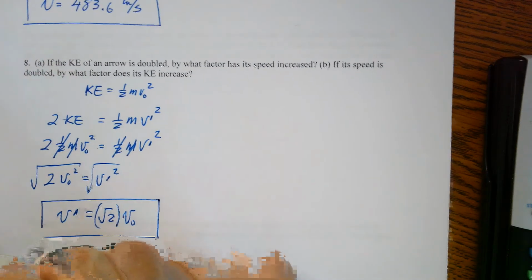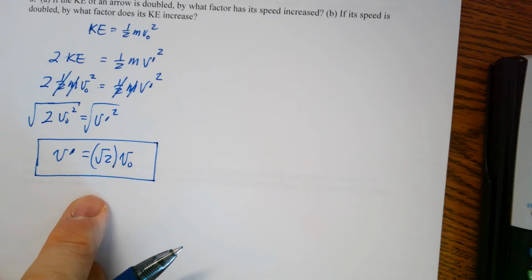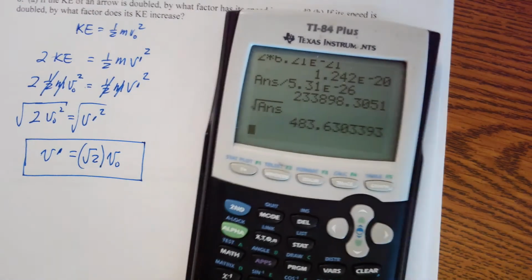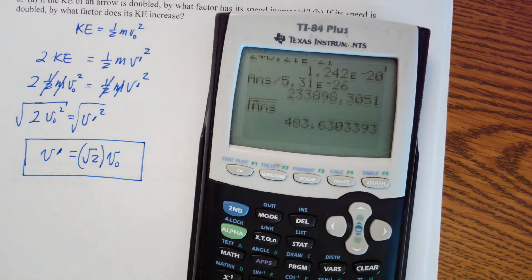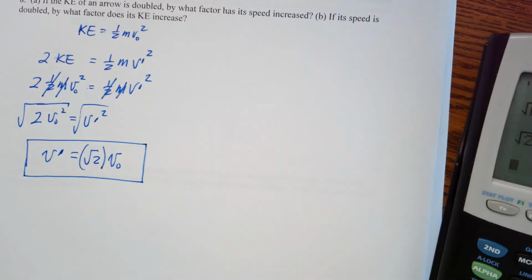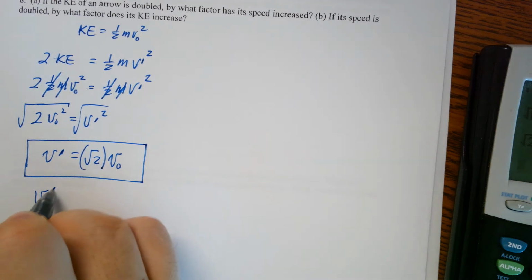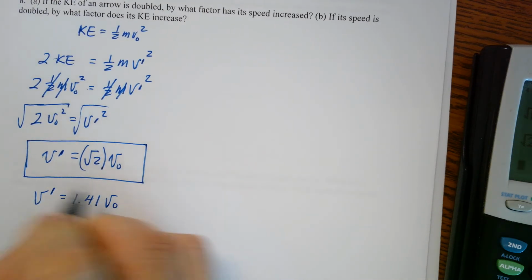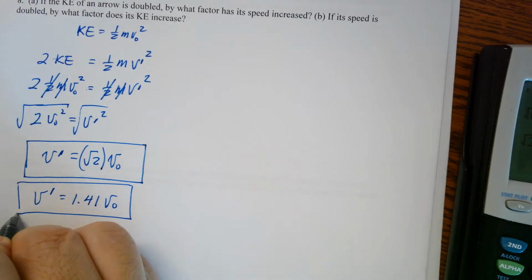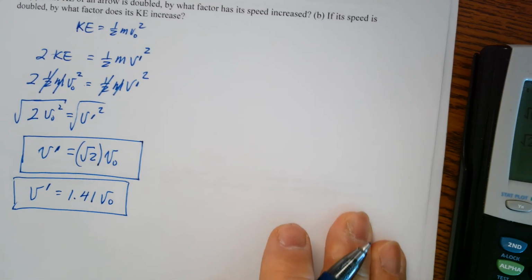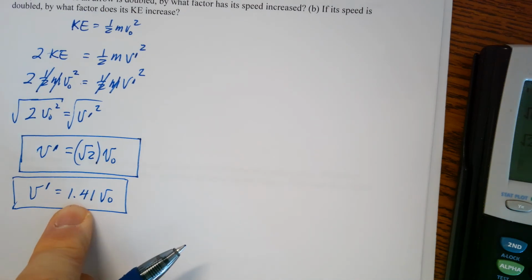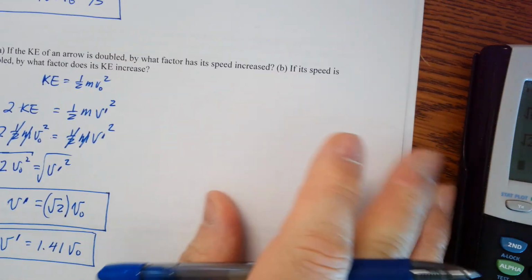So it has increased the speed by radical 2, right? And what is radical 2? That's 1.414, so v prime is equal to 1.41 v naught. So if you double the energy, you're only going to get a square root of 2 speed increase, okay?